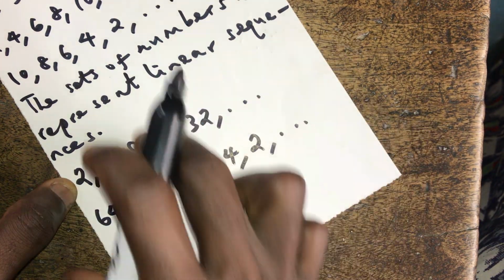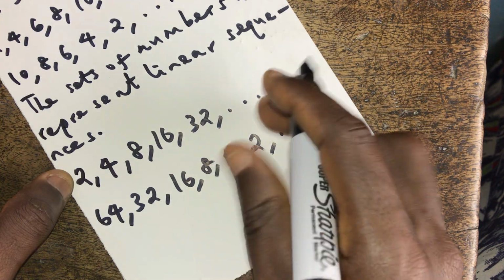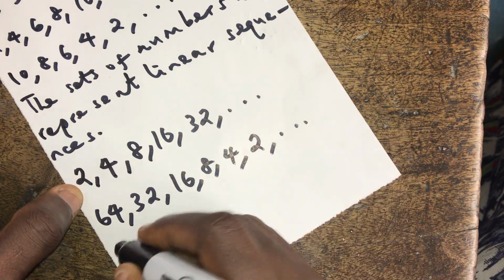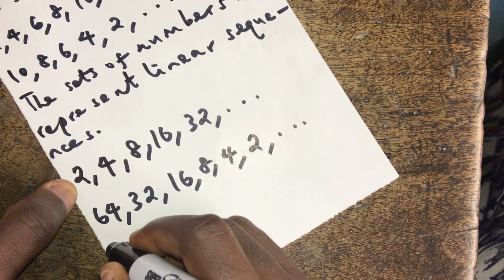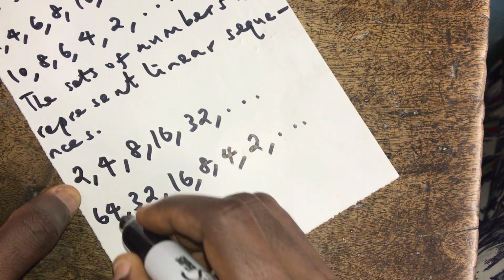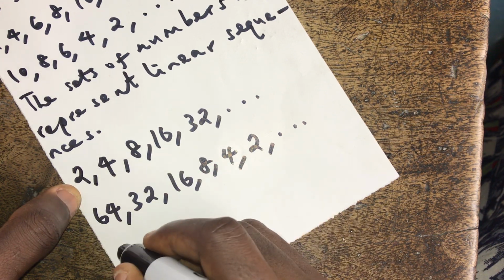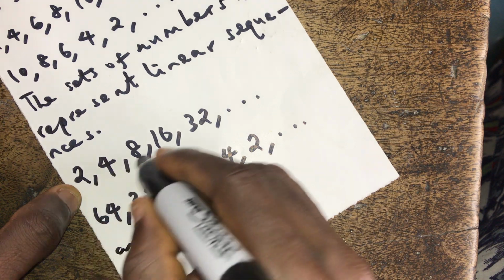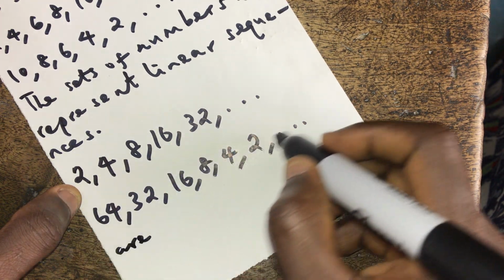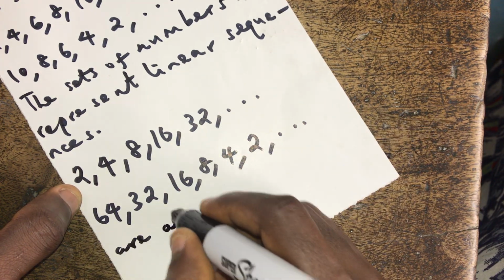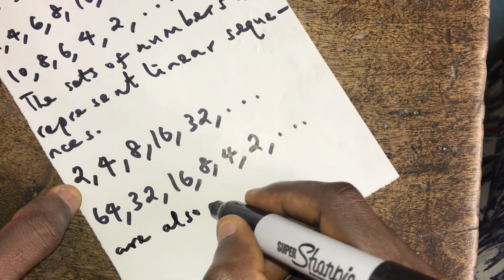So these are also examples of an exponential sequence. 2, 4, 8 up to 32, 64, and the like are also examples.